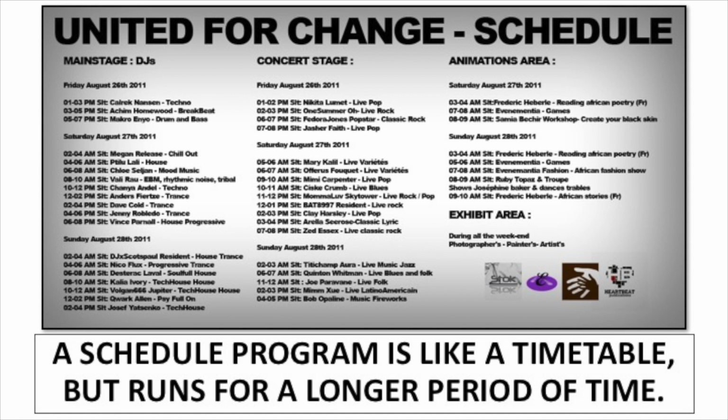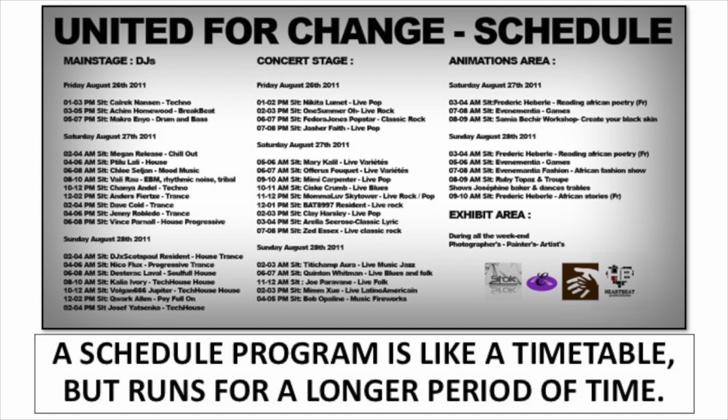A schedule program is like a timetable, but runs for a longer period of time. Like I said earlier, the timetable usually just one day, but the program can go for many days. Like here we start on Friday, August 26th, and then it finishes on Sunday, August 28th.